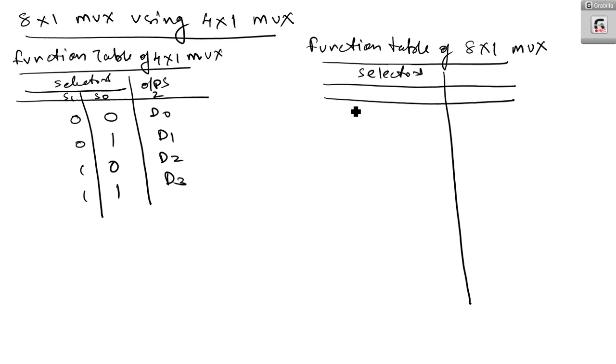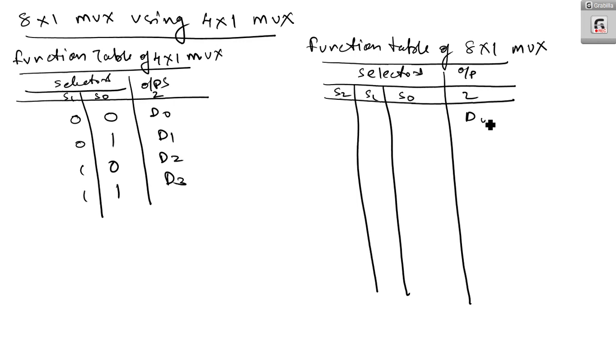The selectors will be S2, S1 and S0. Now what is the output? Z. Output is Z. So you have D0, D1, D2, D3, D4, D5, D6 and D7.